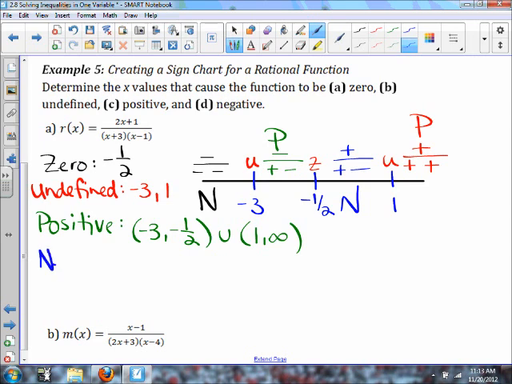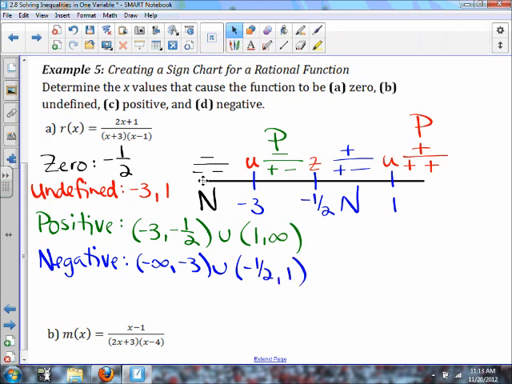And it's going to be negative from negative infinity to negative 3, in union with negative 1/2 to 1. Okay? Are there any questions about how we found where it's 0, undefined, positive, negative? There's no questions at all? Okay. I'd like you guys to work on B.